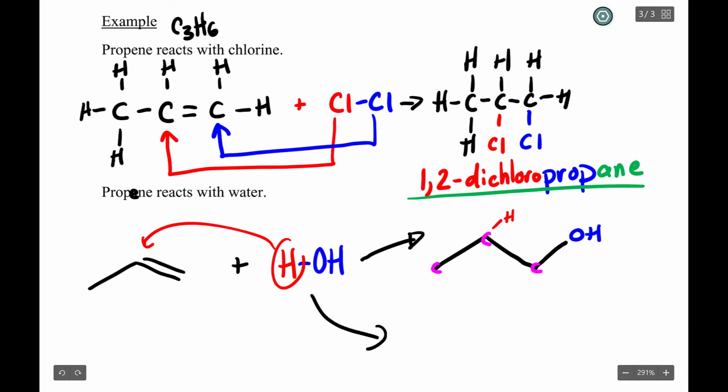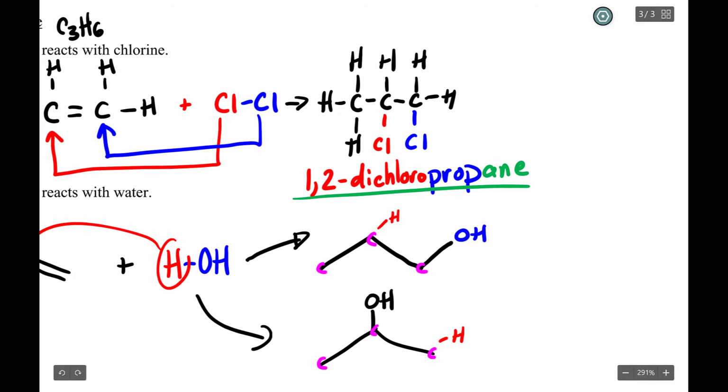Then the other option is it could look like this, and it could have the OH group off the middle. I do believe this would happen in a higher amount. Again, we'd have carbon here, here, and here. But in this case, the hydrogen would be on the end. And so we have essentially 2 different isomers.